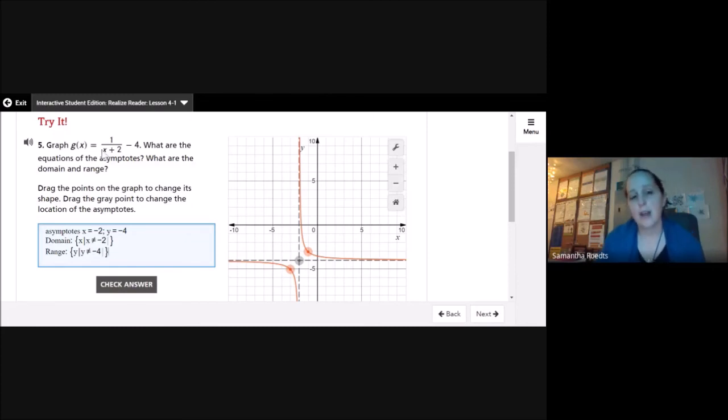Again, I can pick any value that I want. So let's say I pick 1. If I do 1, that gives me 1/3. So 2 gives me 1/4.